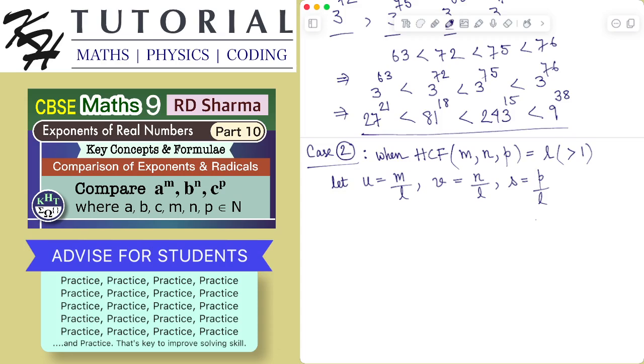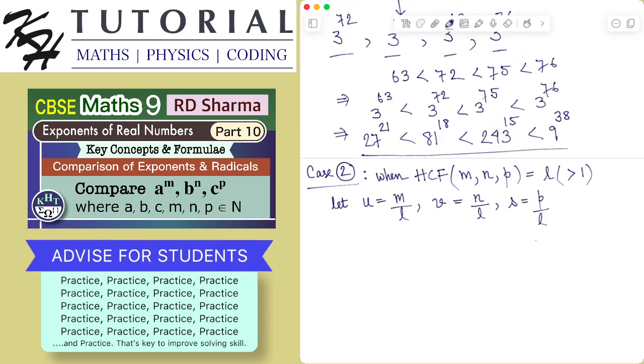The numbers that we need to compare are a to the power m, b to the power n, and c to the power p. So let's say the HCF of the powers, that is m, n and p, is equal to L, and L is greater than 1.